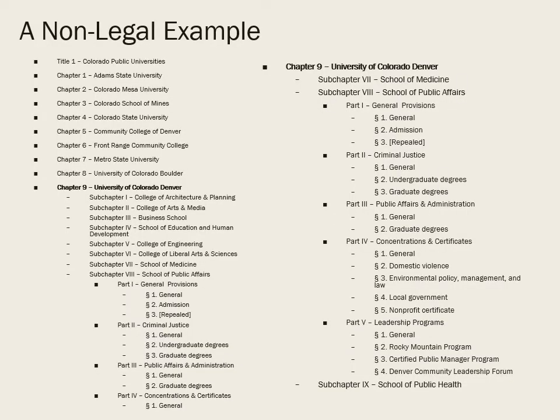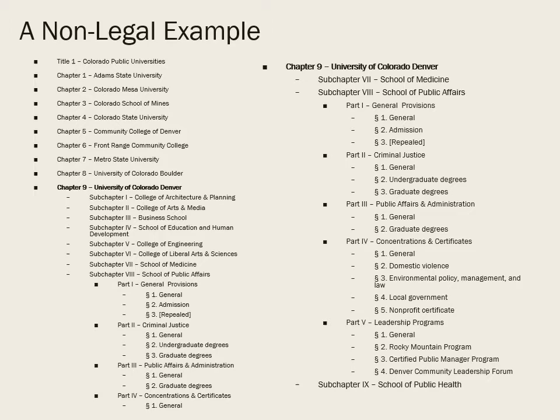So I think that most or all of you are familiar with the basic structure of the US Code or your state's equivalent. But let's take a look at the structure using a non-legal example. So consider all of the public universities within the state of Colorado. In the example here that I've got on the screen, Title I is Colorado Public Universities.